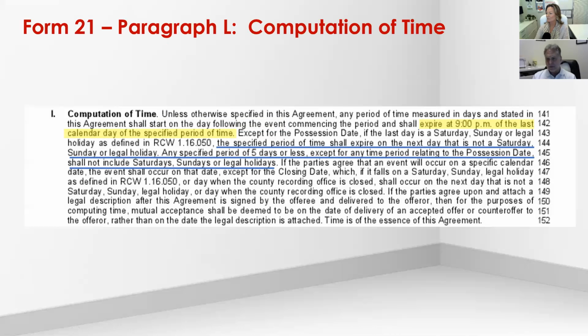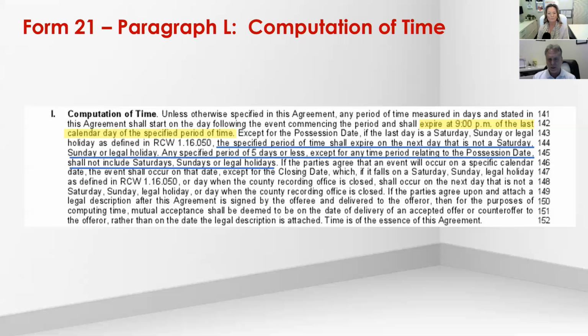So paragraphs Q, R, and S address some issues of that, but also this paragraph L talks about that. And so understanding when it ends, it's going to end at 9 o'clock p.m. Okay, so that's where that 9 o'clock p.m. comes in, is at the end.